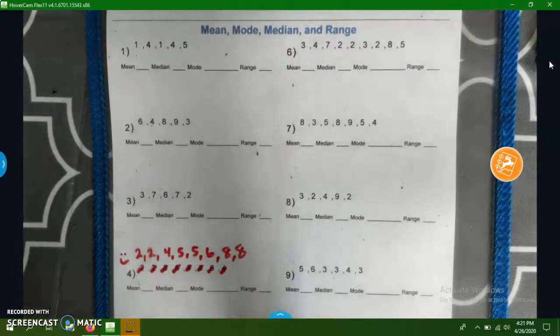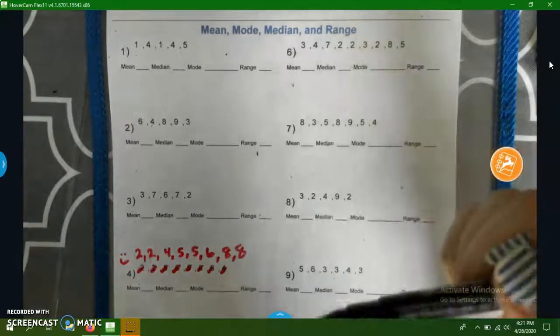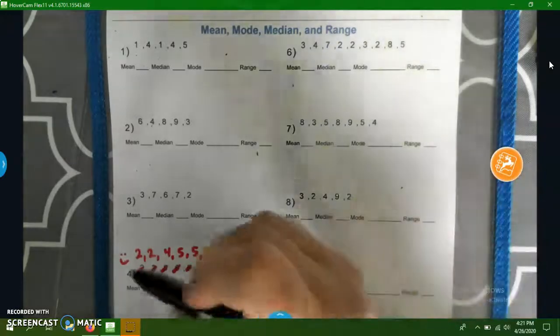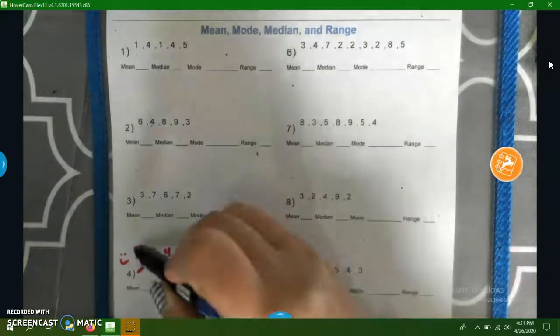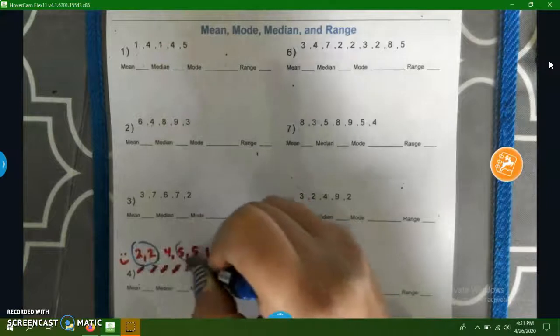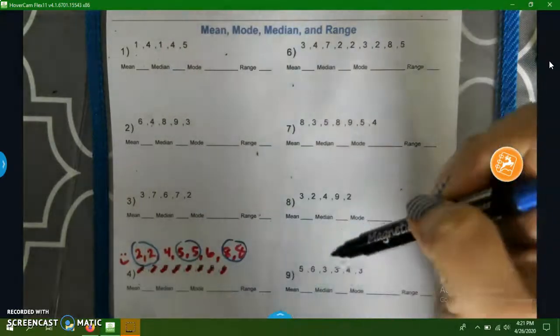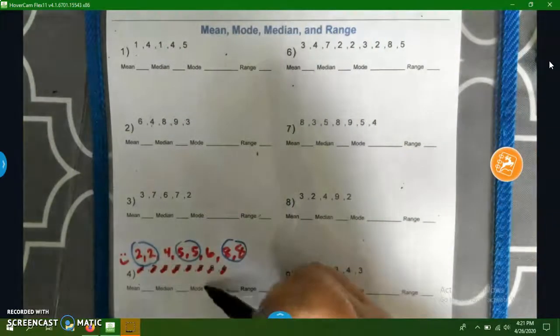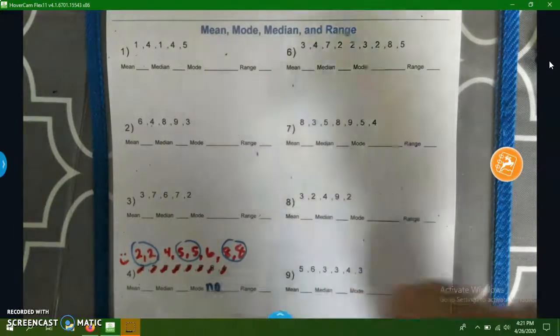So I am going to start with mode, the one that happens the most. Now, again, mode is the only one where there can be a tie, or you can just say there is no mode. For this one, we have 2 2s, 2 5s, 2 8s. So really there's 2 correct answers here. Some people would say that there is no mode.